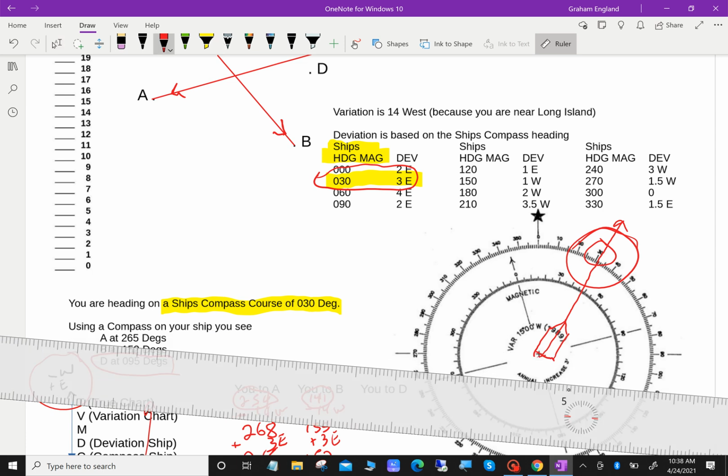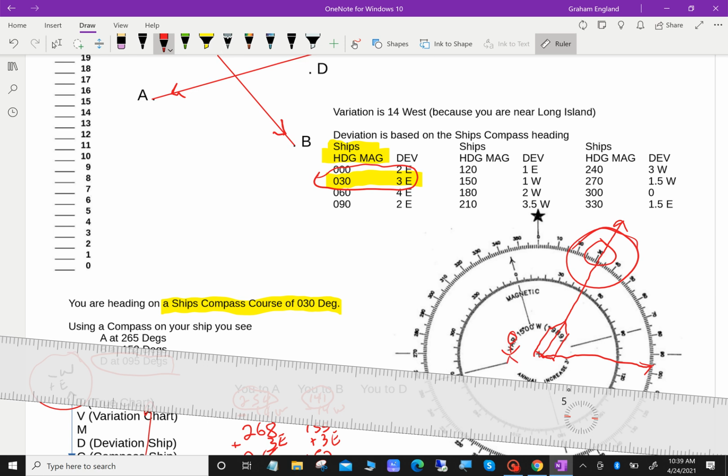So we looked along from our compass and we saw, oops, here's 95. I'll do it backwards. Sorry for my bad drawing. So we looked along our compass and we saw that.